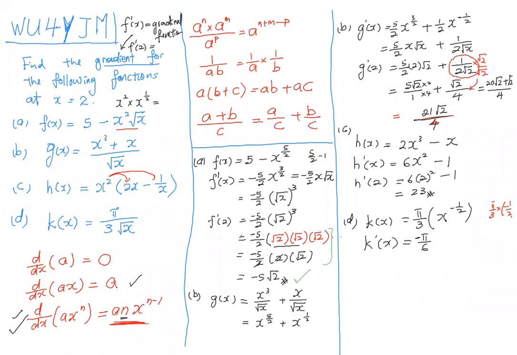When we want to differentiate, what do we do? Bring down the power. Now, power take away 1. So bring down the power, you straight away in your mind, you say pi by 3 times negative half. So negative pi by 6. You love your mind so much, you don't want your mind to work. That's the problem when you are in high school.